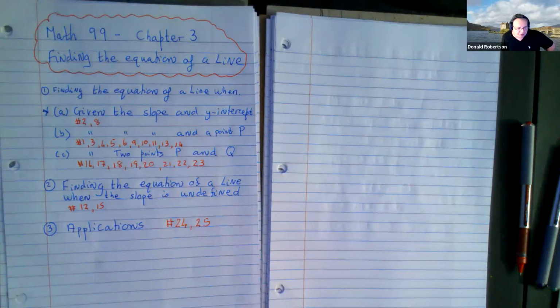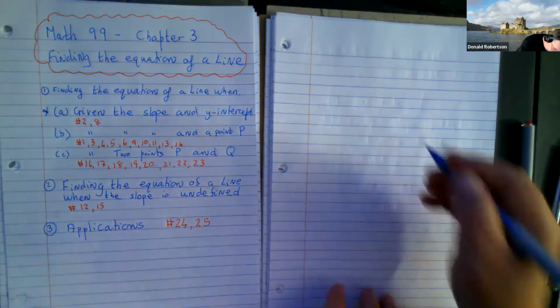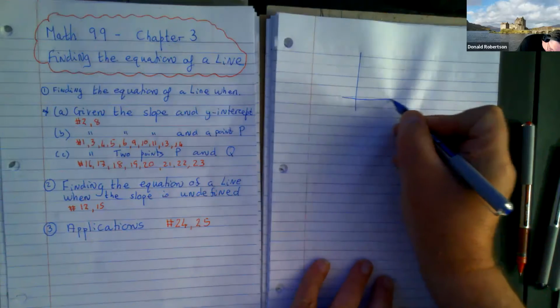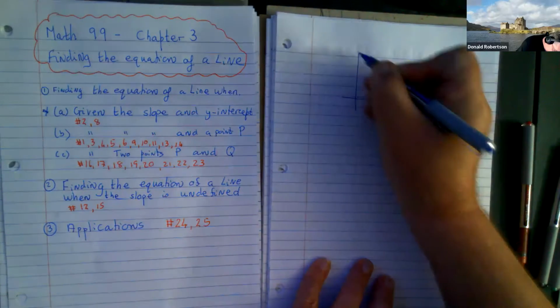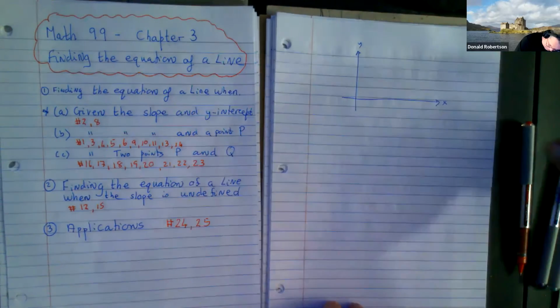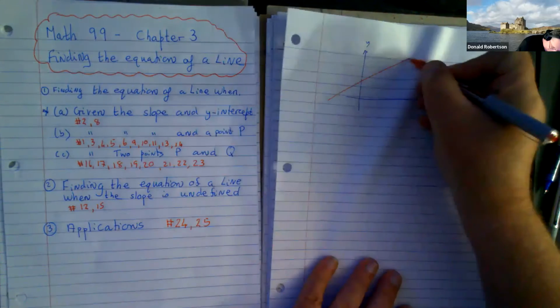Now, how do you find the equation of a line when you're told the slope, but not the y-intercept, but just a general point on the line? Can you imagine that you're given a line, and maybe it's this line here.